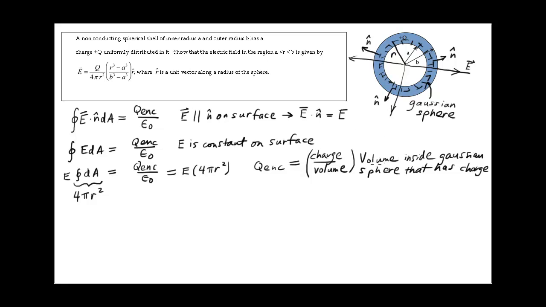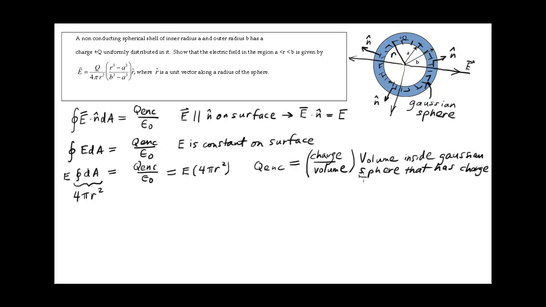So the volume inside the Gaussian sphere that has charge is actually the volume of what I've just shaded here. And that, if you think about it, is the difference in volume between the entire Gaussian sphere and the sphere that has radius a.